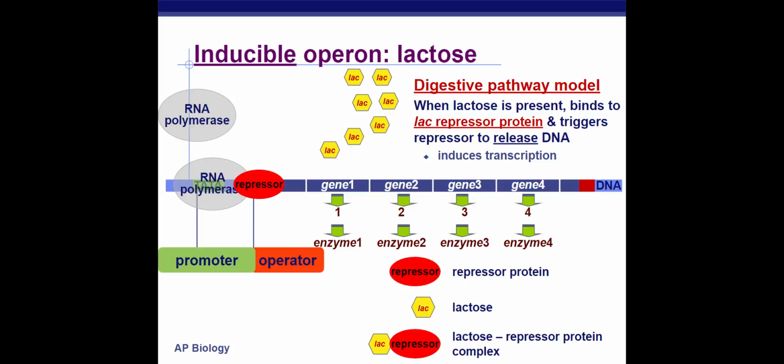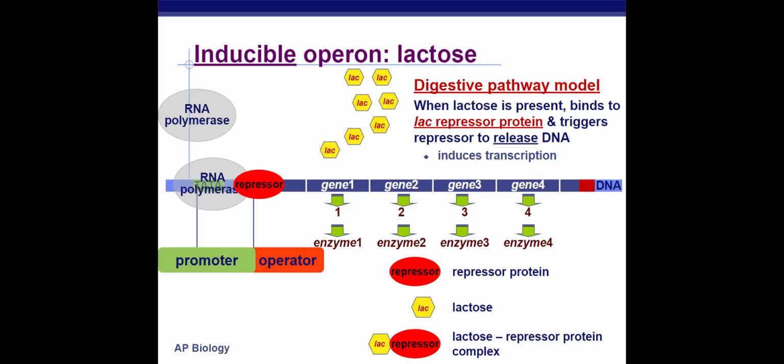So the prokaryote is living its life, and then all of a sudden there's tons of lactose around it. We need to take advantage of that lactose and break it down for energy. If lactose is present, some of it will bump into that repressor and change its conformation so that it releases from the operator.